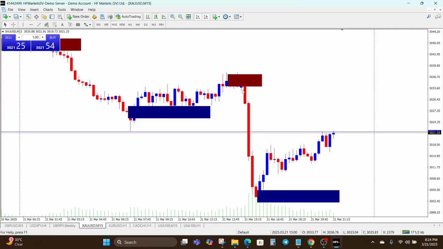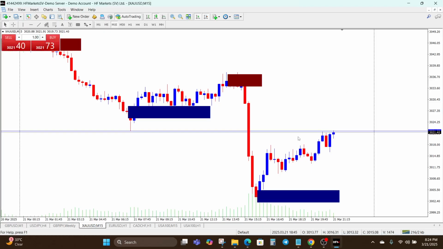So this indicator automatically plots order blocks on your chart, saving you the time and effort of manually identifying them. So here's how it works.